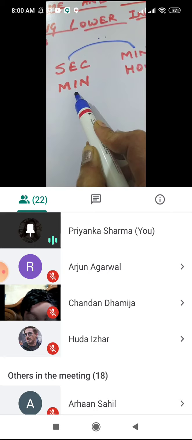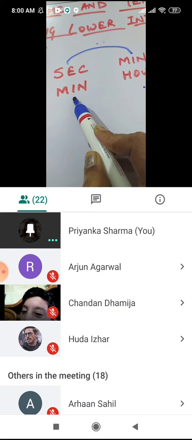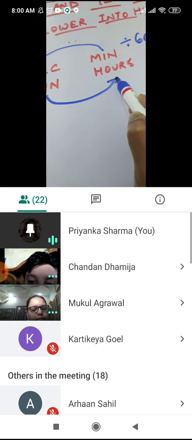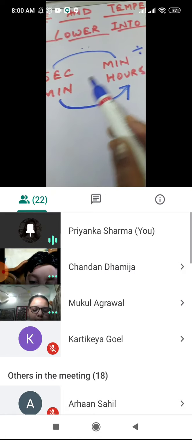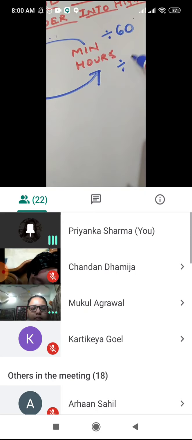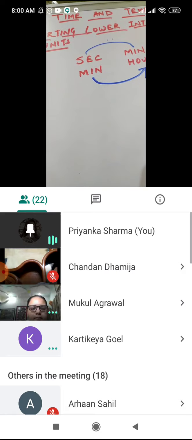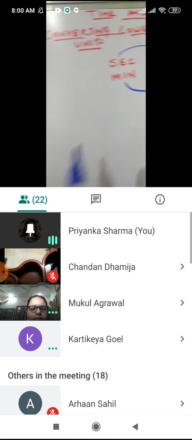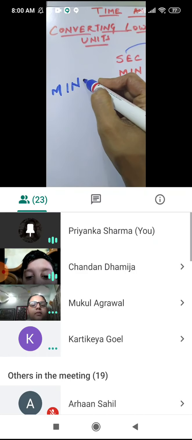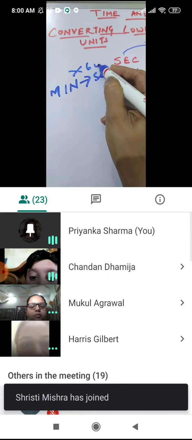Similarly here, minutes is given, hour is given. So which is the smaller unit? Minute is the smaller unit, hour is the bigger unit. So when we convert the smaller unit into the bigger unit, that is minutes into hours, we are going to divide by 60. And when we were converting higher units into lower units, when we were converting minutes into seconds, we were multiplying by 60.